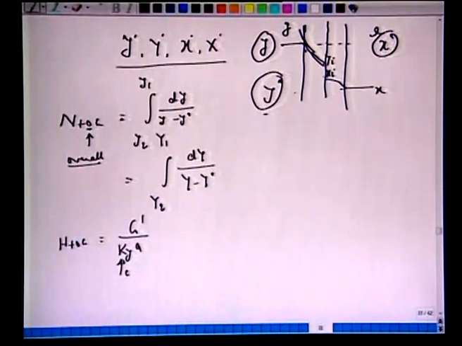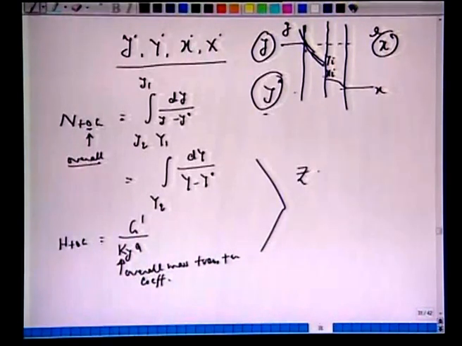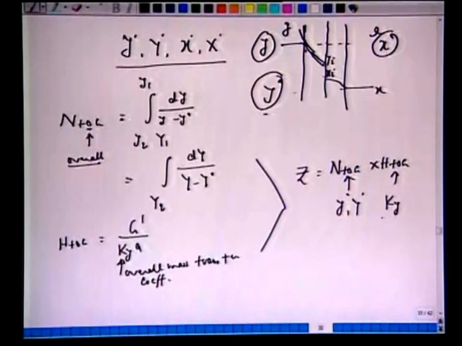So, this is the overall mass transfer coefficient based on the gas phase. Even these two should give us the same result, Z equal to NTOG multiplied by HTOG. The difference is the O, through y star and capital KY as overall mass transfer coefficients.